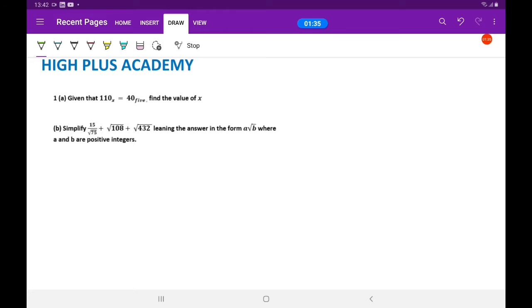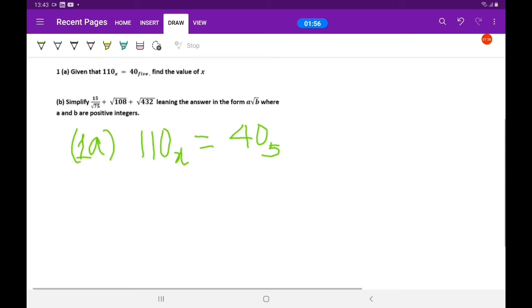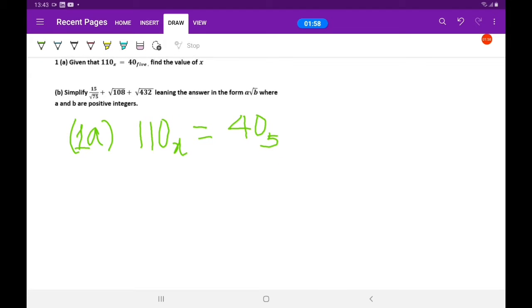So the solution for question 1a will be, we have been given 110 base x equals 40 base 5. The first thing we do here is to expand. And before you can expand, we have to know the base we are using. The left hand side is base x.